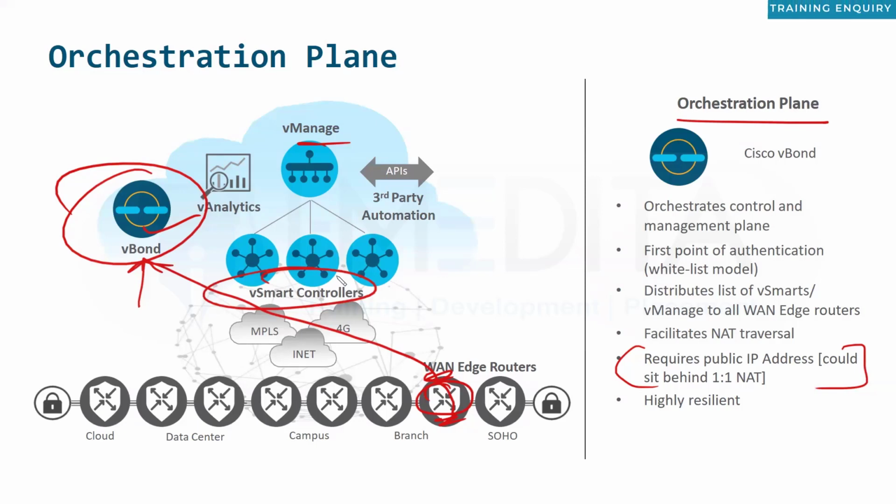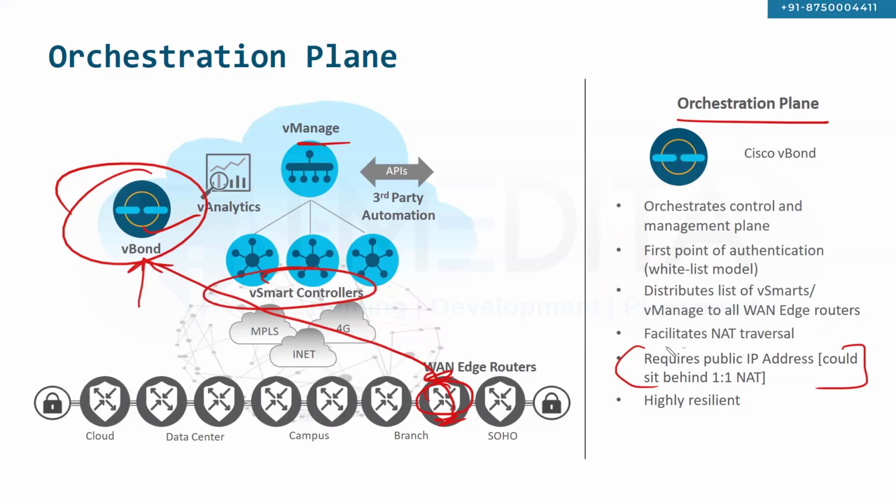You just configure the private IP address on the vBond, provide that private IP address to your managed router, and make sure your managed router can reach it using your transport, maybe MPLS. So it's all about reachability, because over the internet, only public IPs are allowed. If you want your managed routers to talk to vBond over the internet, then it is mandatory to allocate the public IP address onto your vBond.